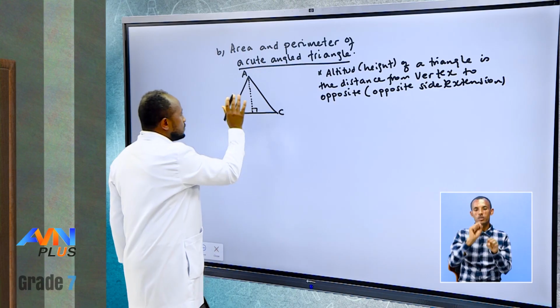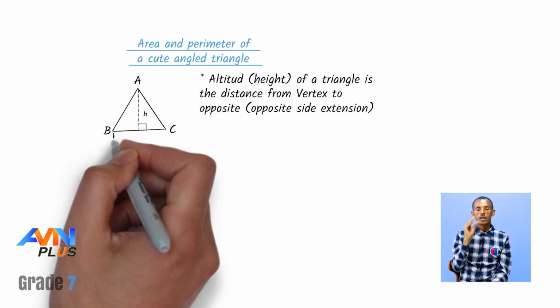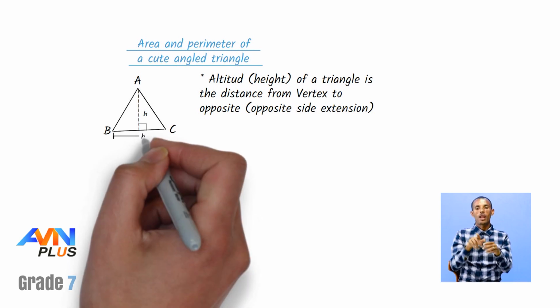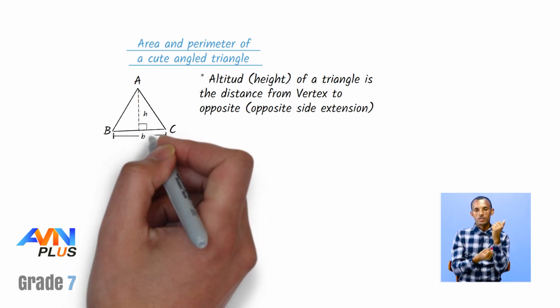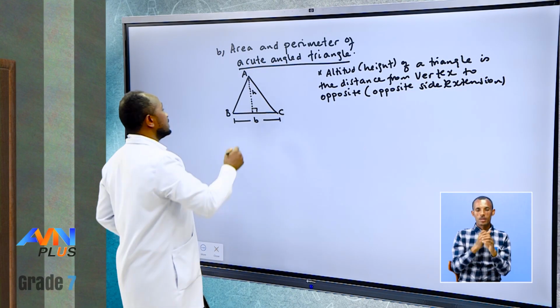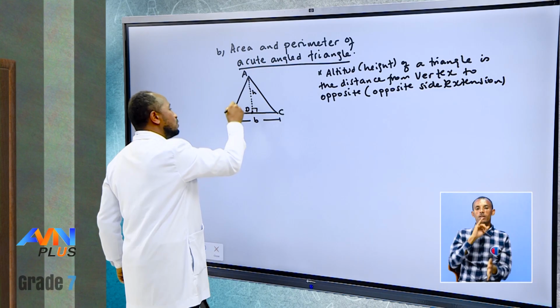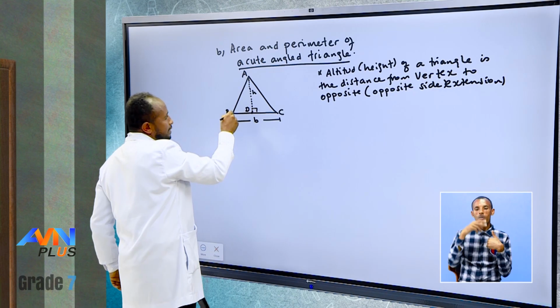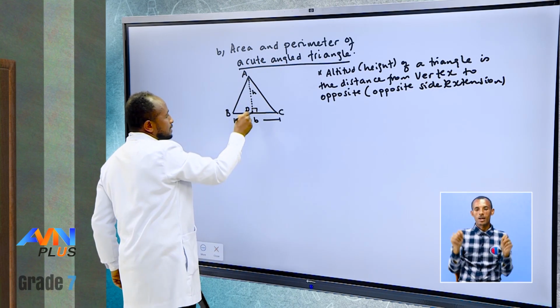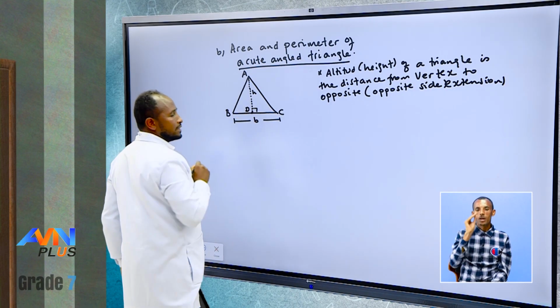So the height, and the opposite side length will be this one, it is the base. So how do we calculate the area of this triangle? To calculate the area of this triangle, assume this point to be D. You have two right angle triangles, ADB and triangle ADC.